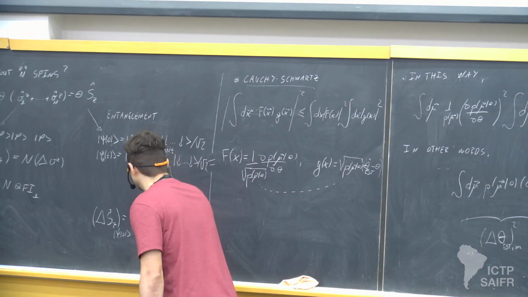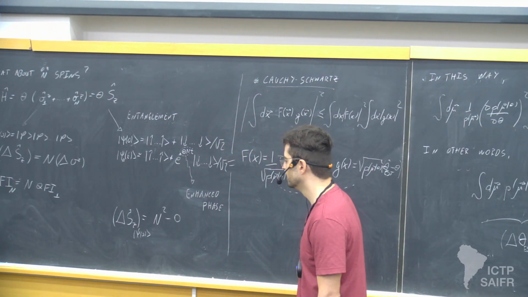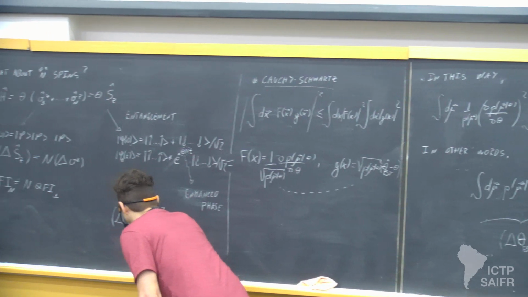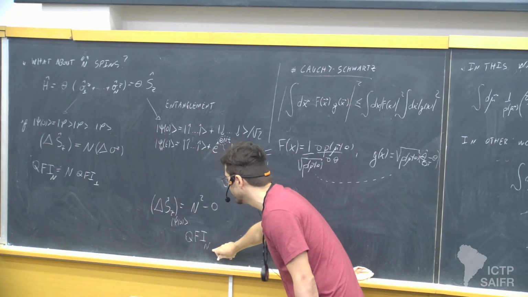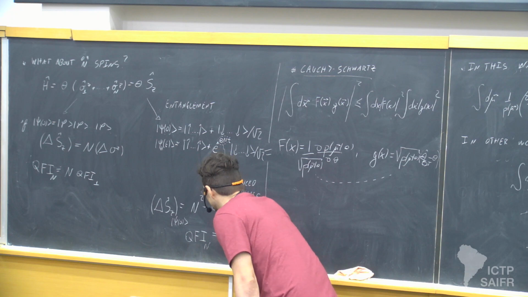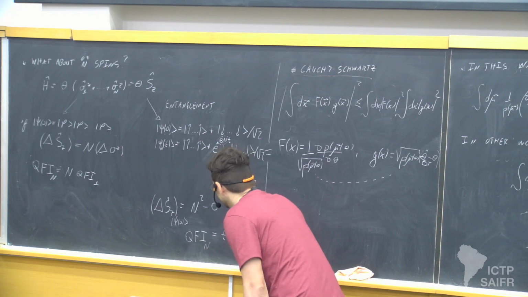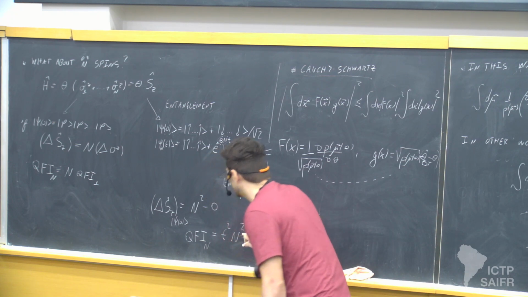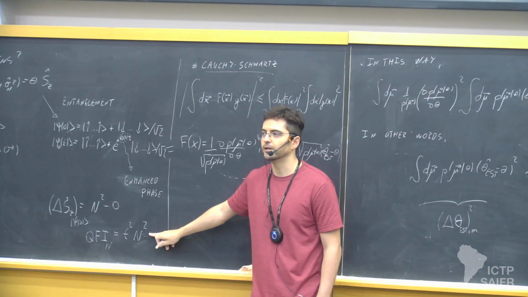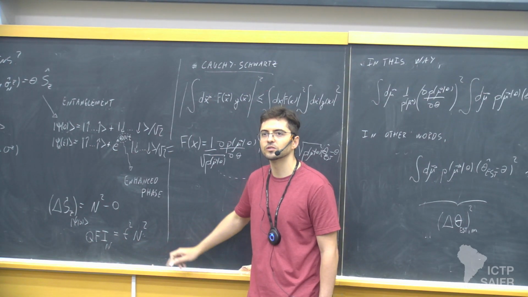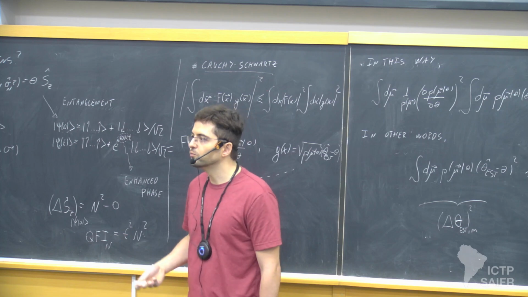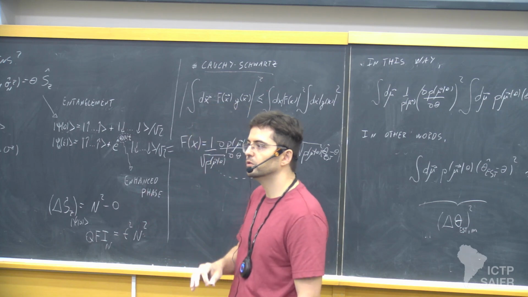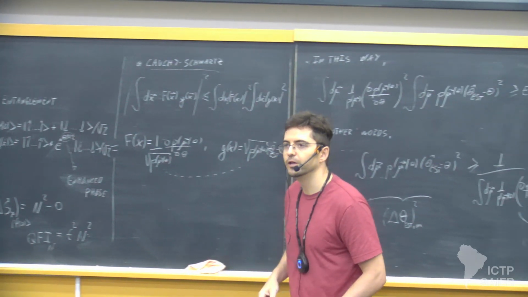So this is just n squared minus 0. Then you see an interesting situation: the quantum Fisher information for n correlated particles has the t squared dependence with time, but then you also have a squared dependence with the number of particles. And this squared dependence is because now you have many-body correlations, or you have a better way to imprint or to encode this information into the many degrees of freedom of my Hilbert space. Yes?